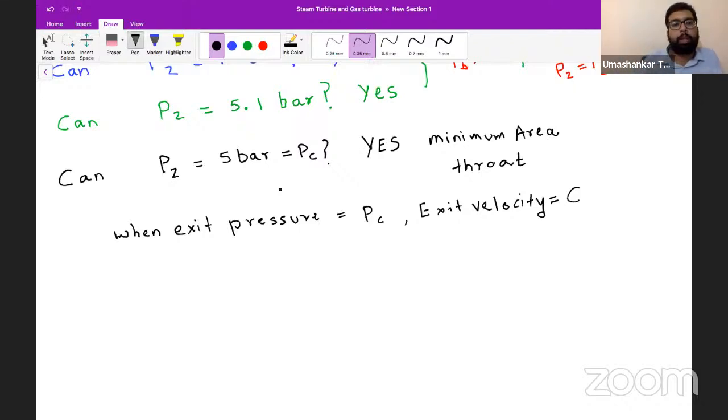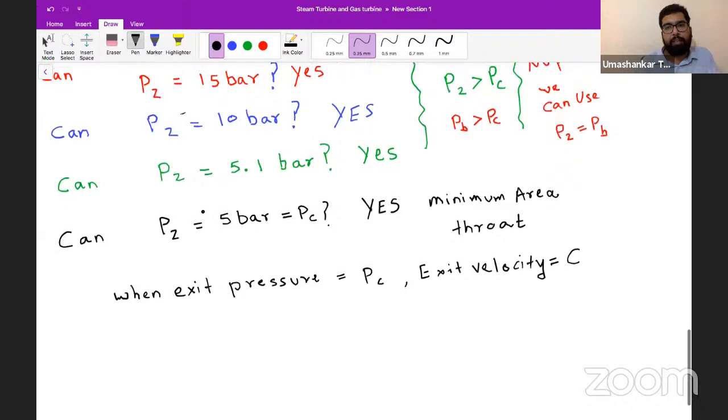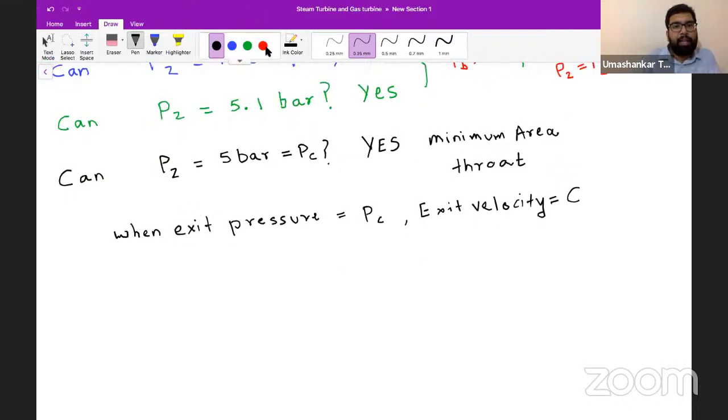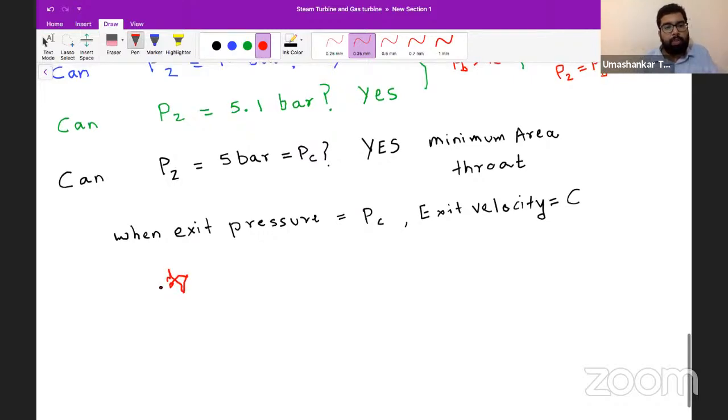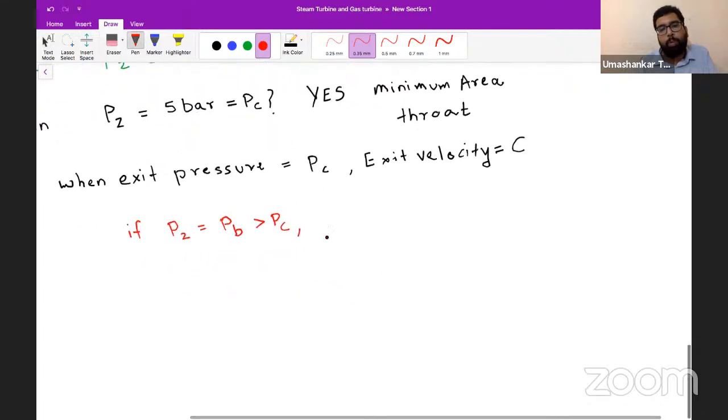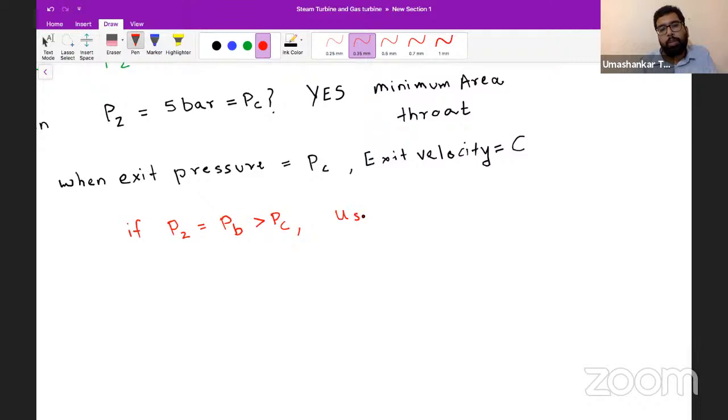So, as we have seen earlier, if the exit pressure is equal to back pressure, and this back pressure is greater than the critical pressure, we have no problem, and we can use P2 equal to PB.